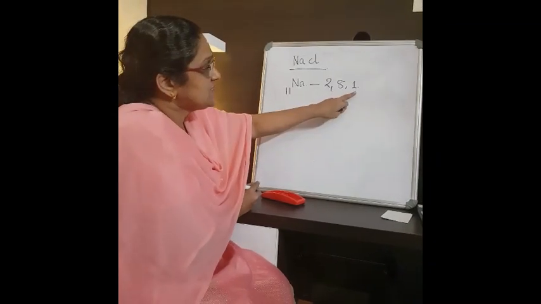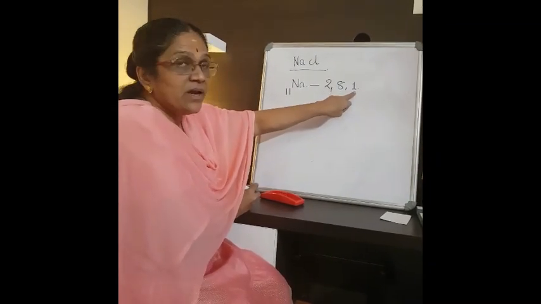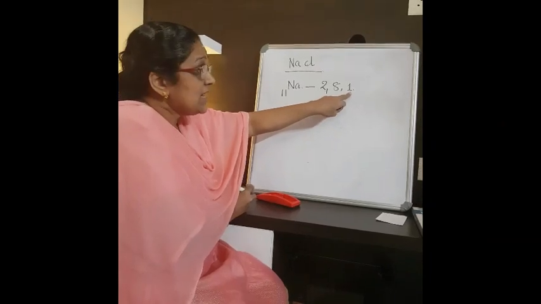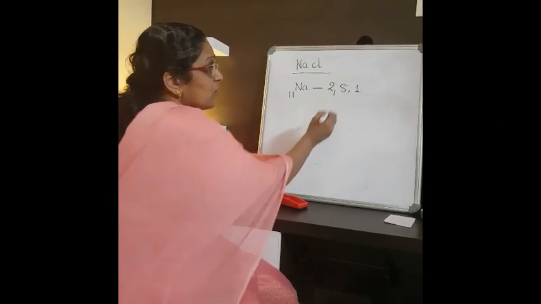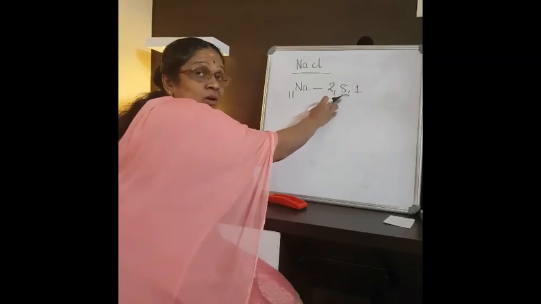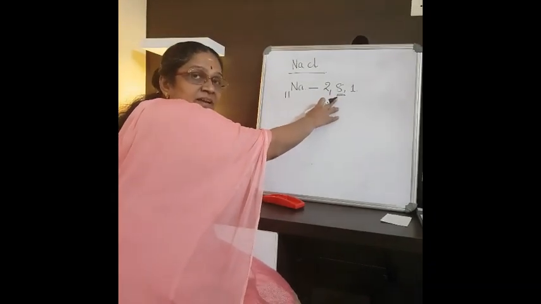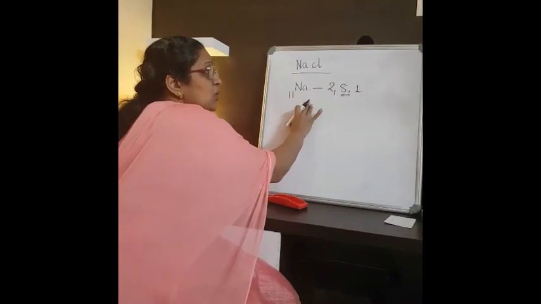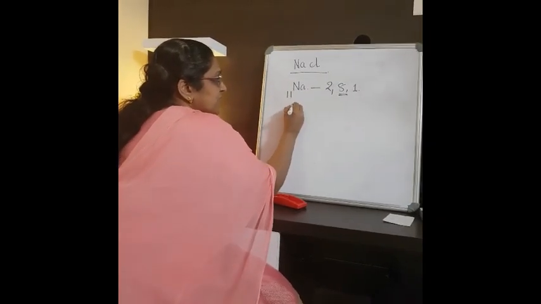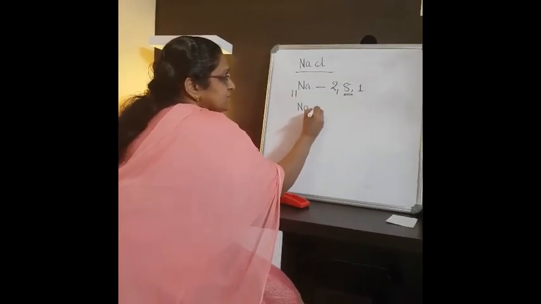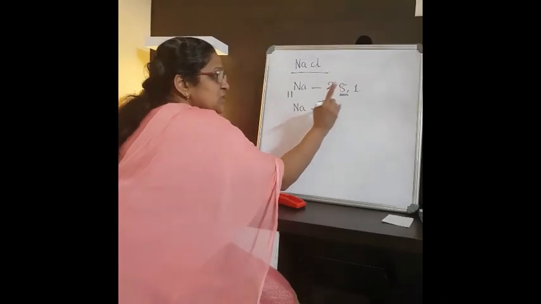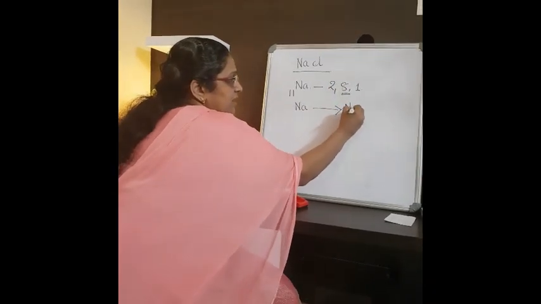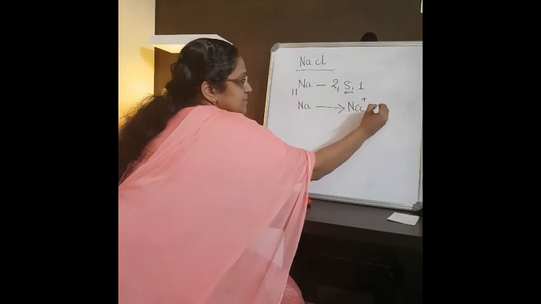Here there is only one electron in its valence shell. So if it loses one electron, it can attain an octet and become stable. Isn't it? So what will sodium do? It will lose one electron. So we can write Na in two ways: Na giving Na plus and an electron.